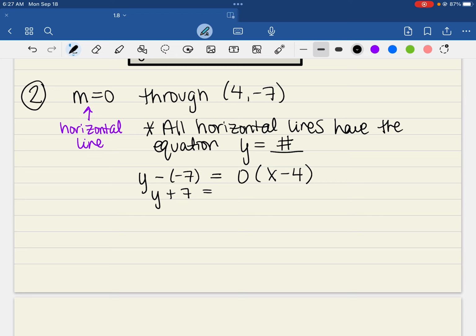The other scenario that you would simplify is if you have a 0. What happens when I distribute a 0? 0 times x and 0 times -4 are both 0. And the reality is, if we got y by itself, it would be y equals -7.